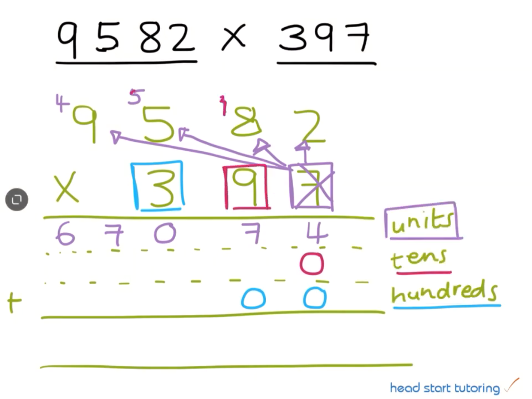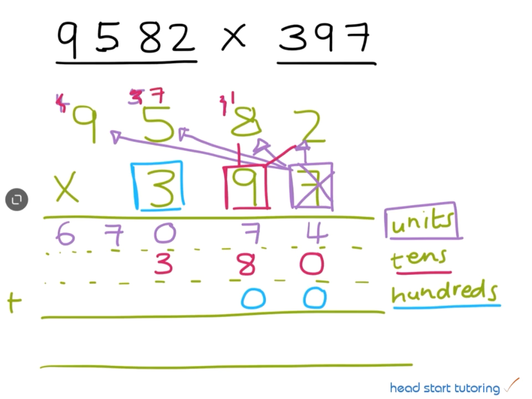We cross out these little numbers because we've used them. Now we work with 9 times 2. 9 times 2 is 18. Put down our 8 and carry our 1. And then 9 times 8 is equal to 72. 72 plus 1 is 73.